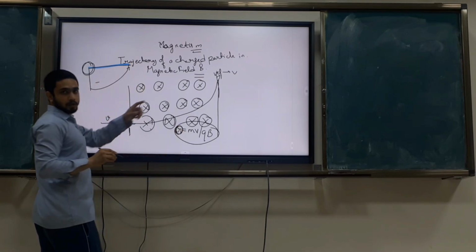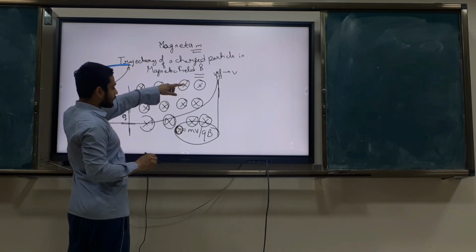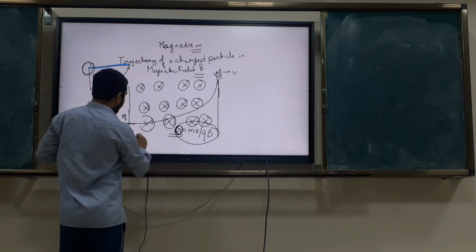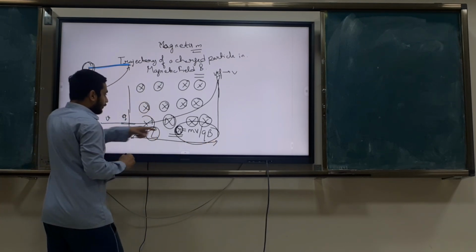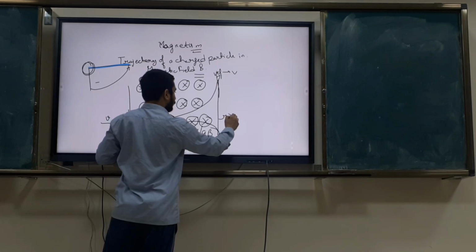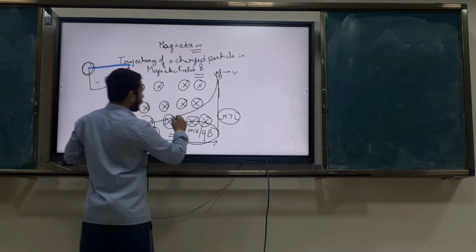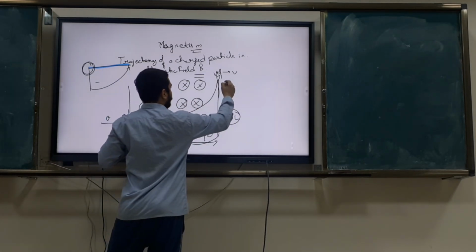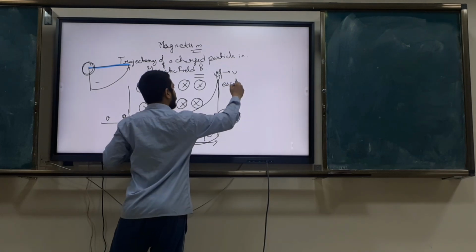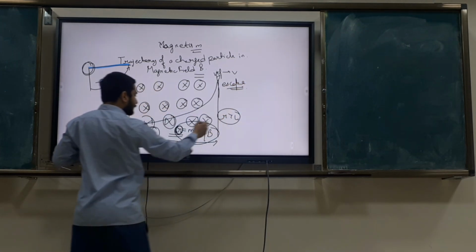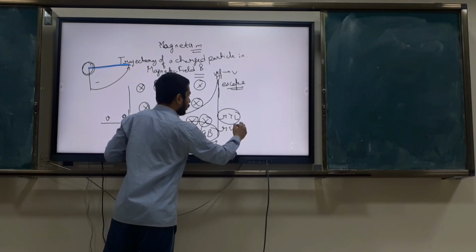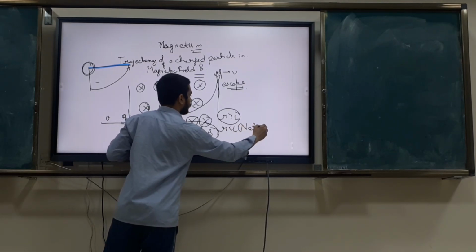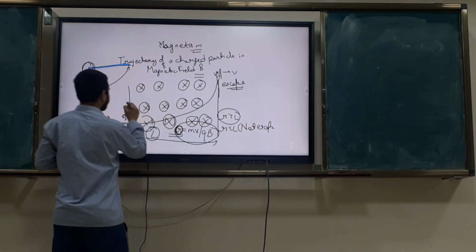Suppose the length of this compartment is L. If the radius is greater than L, the particle will escape from here. If the radius is less than L, it will not escape and it will complete the circle here.